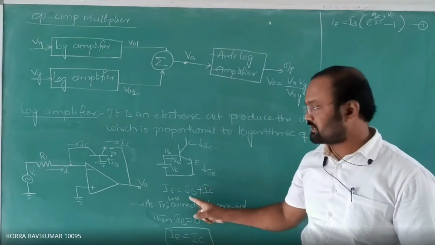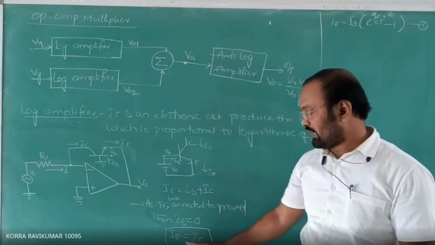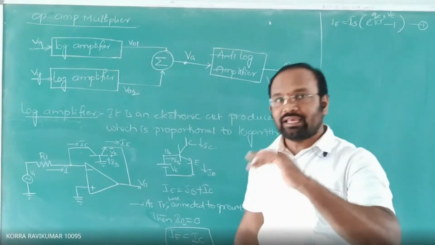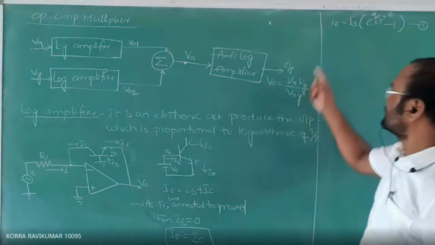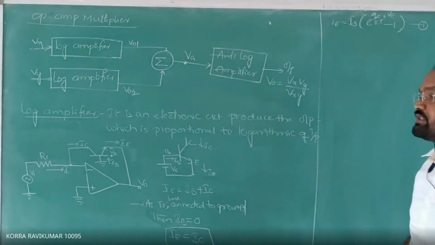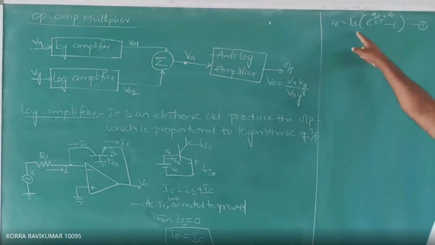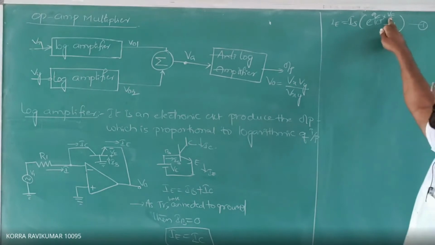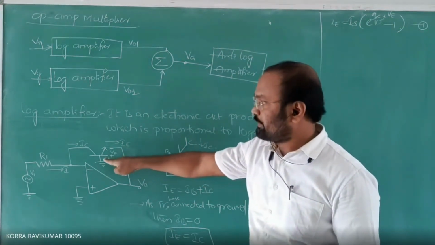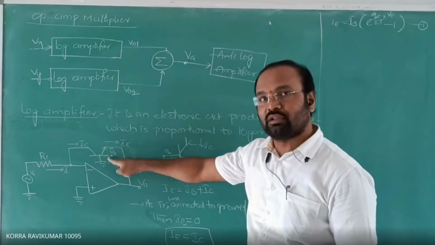If you substitute base current equal to 0 in this expression, then IE becomes approximately IC. In such a case, the current expression for IE of a transistor in common emitter configuration is IS into e power Q by kT into VE minus 1, where VE is the emitter voltage present between base and emitter terminal here in this circuit.